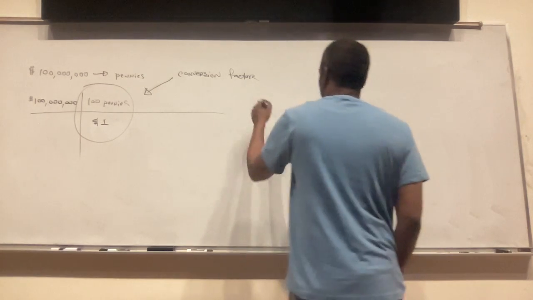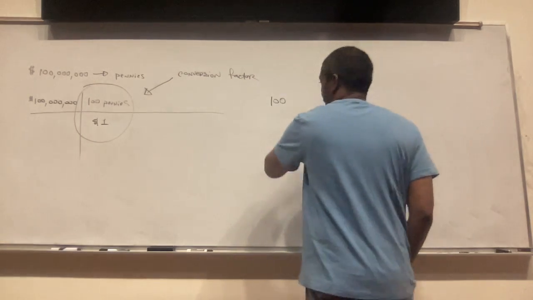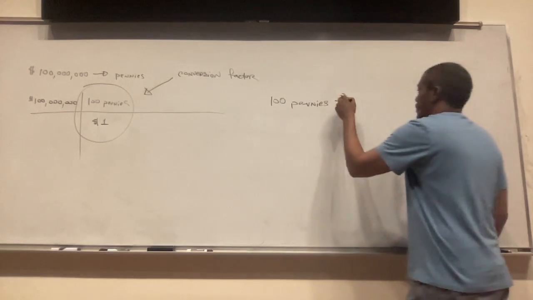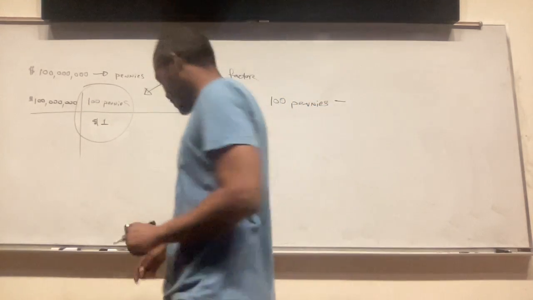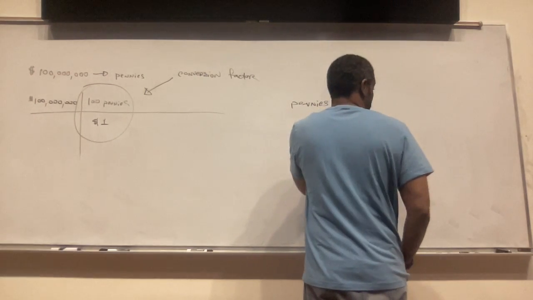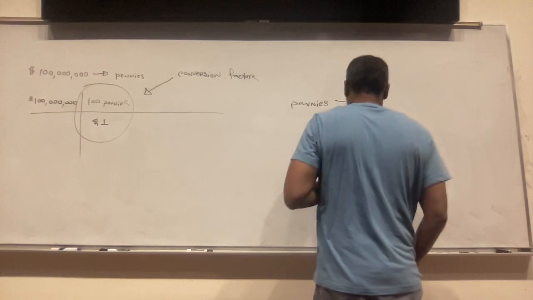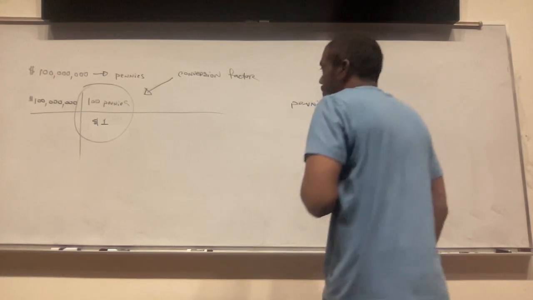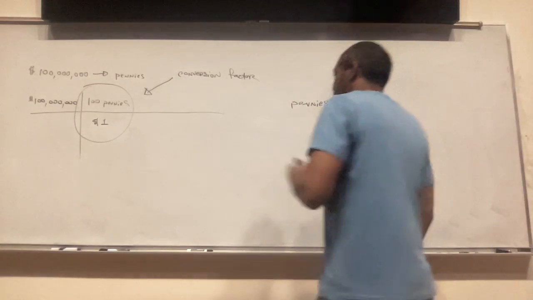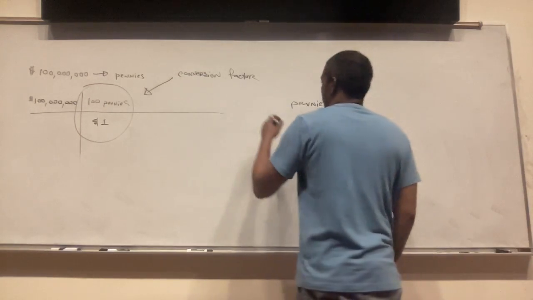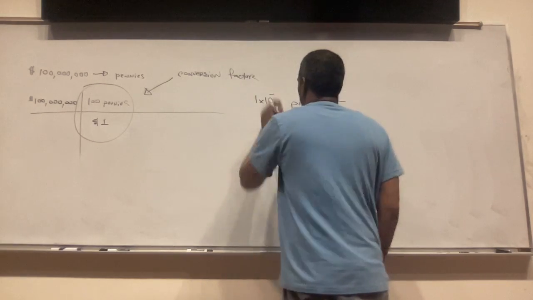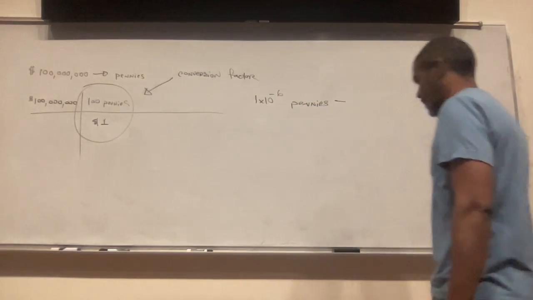Let's say we got, even though this is not a real number, because you can't have less than 1 penny, but mathematically you can, 1 times 10 to the minus 6 pennies.